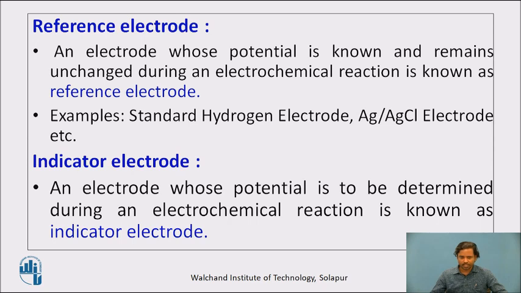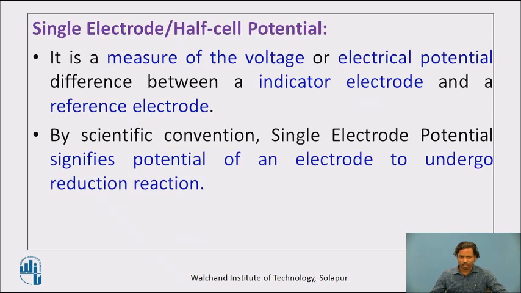It is that electrode whose electrode potential is to be determined during some experiment. Single electrode or half cell potential. It is the measure of voltage or electrical potential difference between the indicator electrode and the reference electrode.